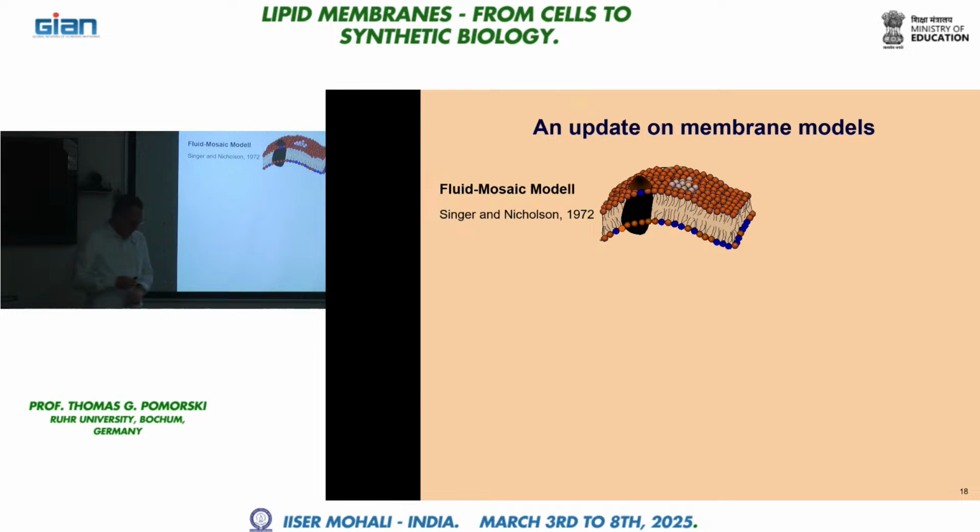In the last minute, I would just remind you of the fluid mosaic model. We heard about this yesterday, and this is what you would typically think of as a membrane. Classically, you have the bilayer. In this bilayer, you have lipids that can move in the plane. They can also form little domains, also on the inner leaflet.